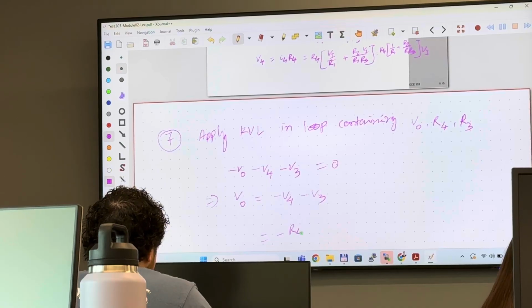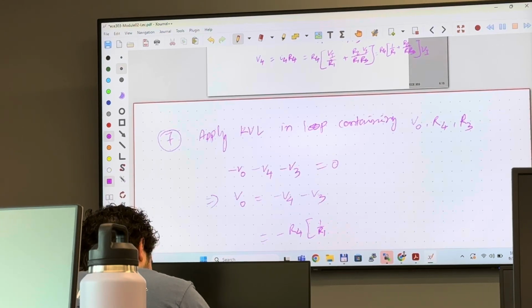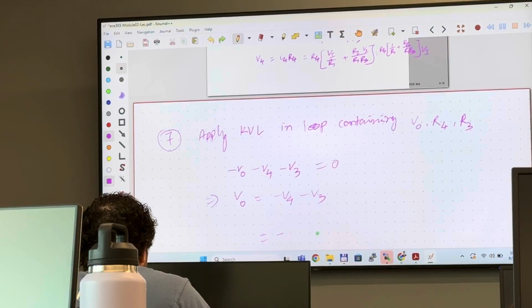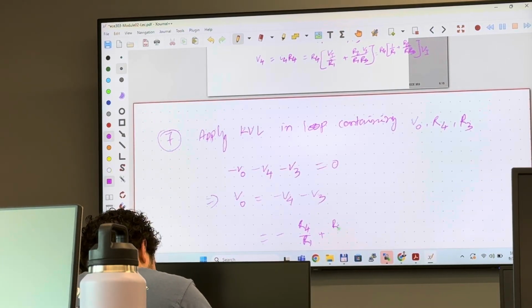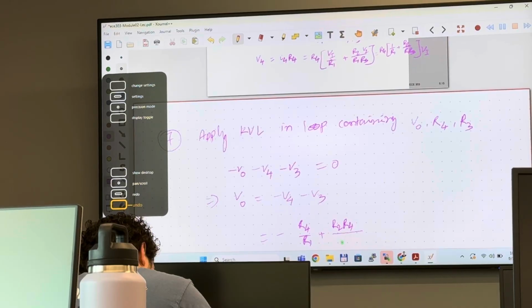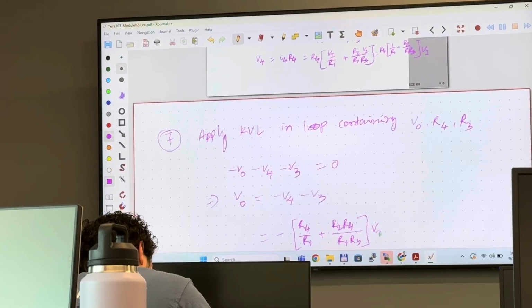It's R4 times 1 over R1, right? Let me put R4 inside. So R4 over R1 times R2 over R1 over R3. So R2 R4 over R1 R3 times VI, right?